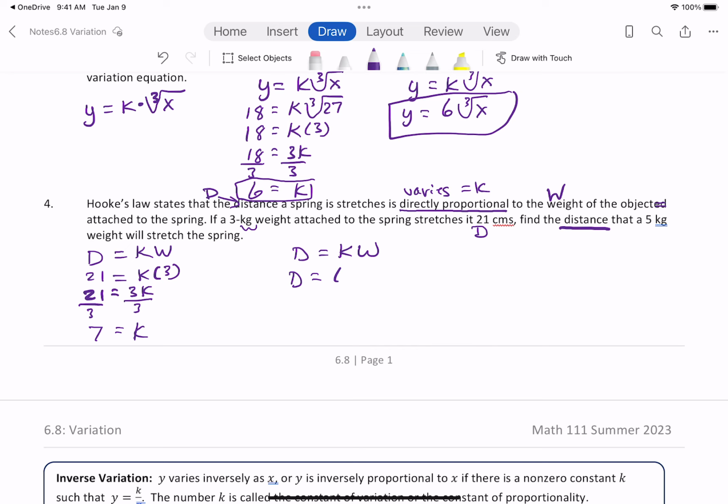Now I know that k is 7, we just solved for that. And now we have a 5 kilogram weight, so that's going in for w. So that gives me d equals 5 times 7 is 35. And in these problems, my distances are in centimeters. So this distance is 35 centimeters.